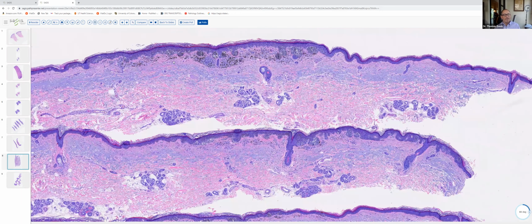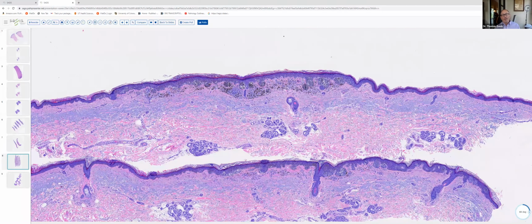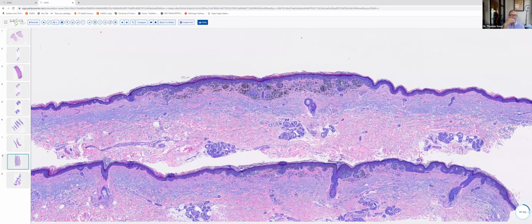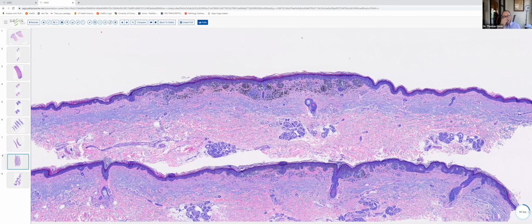Now, when we assess melanocytic tumors, you always want to start at low power and you want to look at size, symmetry, and circumscription. And sometimes in scanned images, it's a little bit hard to get scale. I will tell you that this lesion was shot at low power. This was roughly a 7 to 8 millimeter lesion. The lesion was fairly broad.